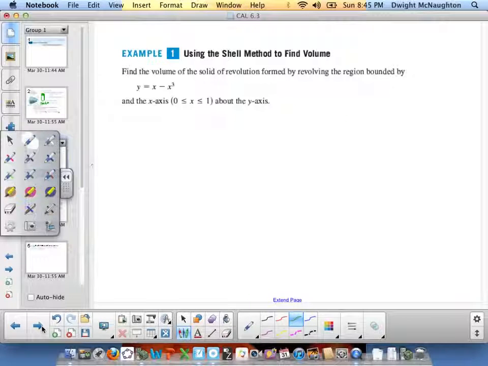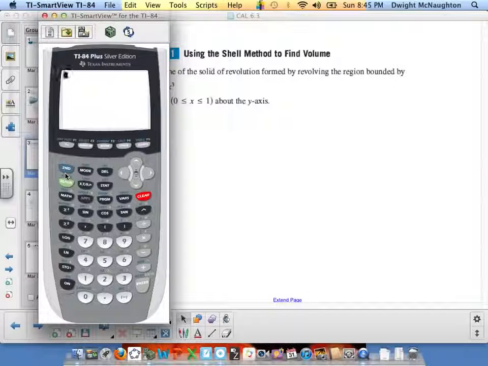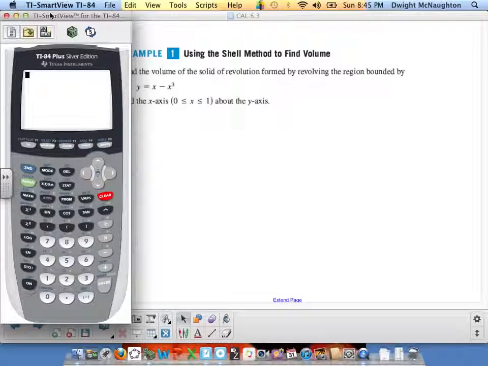Find the volume of the solid formed by revolving the region bounded by y equals x minus x cubed and the x-axis about the y-axis. So let's graph this and take a look at it. We'll zoom to a decimal window, see how that looks.